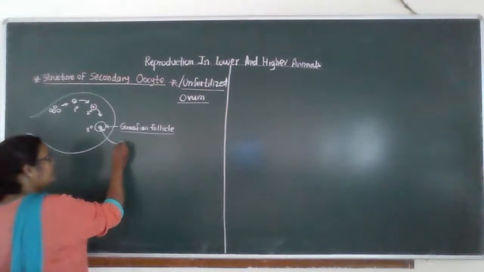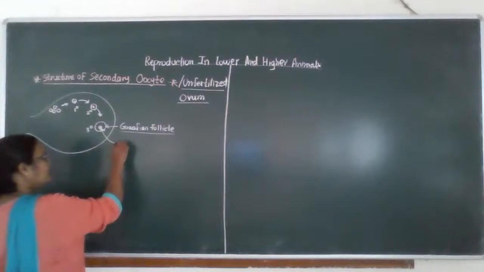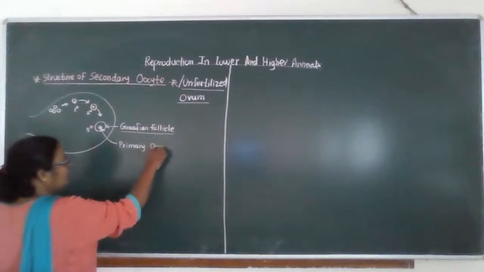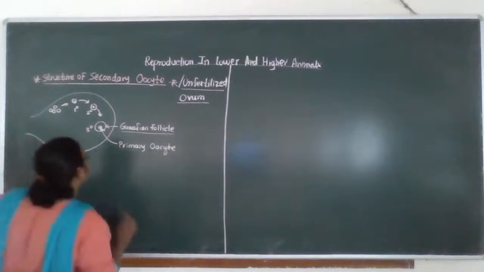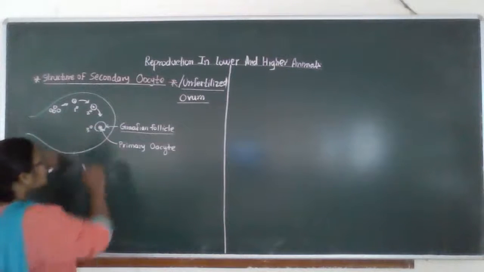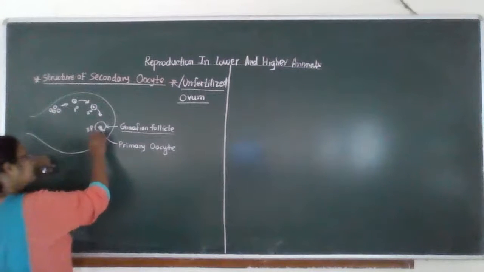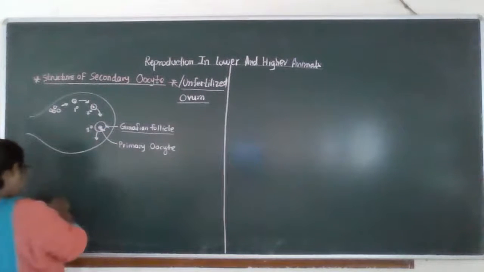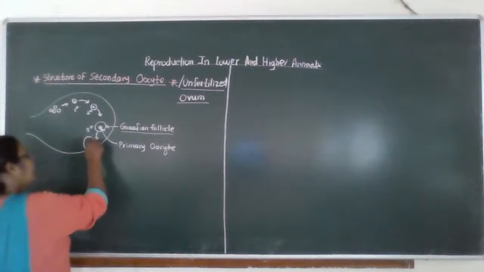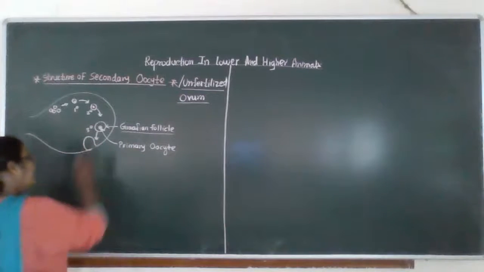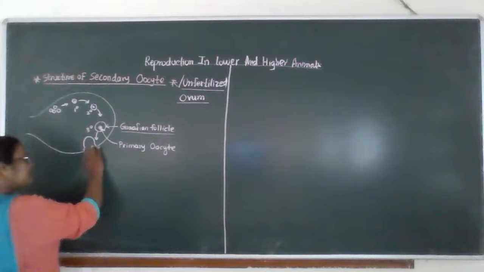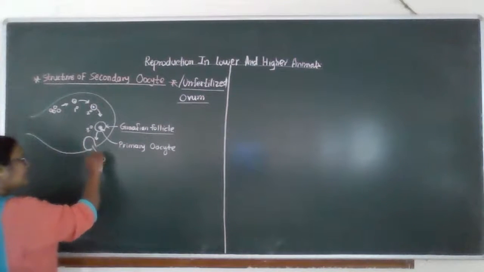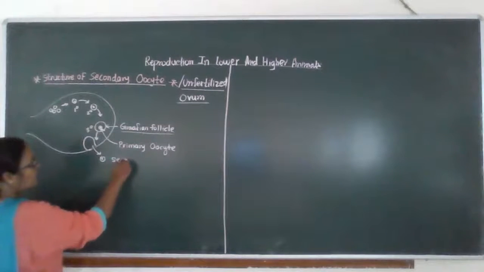It contains a primary oocyte. When this Graafian follicle gets ruptured, it releases out a secondary oocyte.